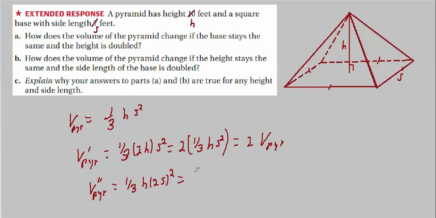That's 1/3 h, well, 2 squared is 4, times s squared. We pull out the 4, and we're back to our original volume. 4 times the original volume, and I bet that's pretty much what you expected, isn't it? Well, that's about it.